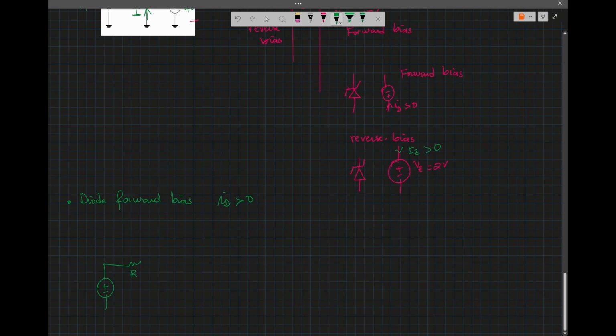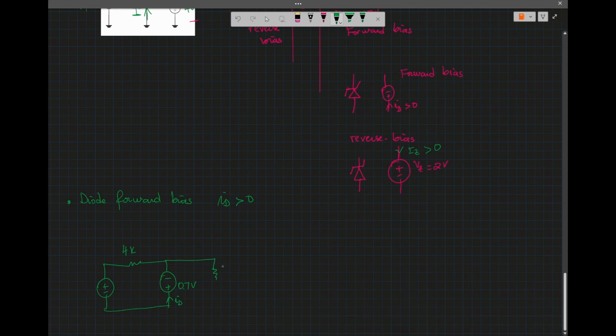I have the 4 kilo ohm here, and the diode is assumed to be forward bias, so we have 0.7 volt and the current ID.